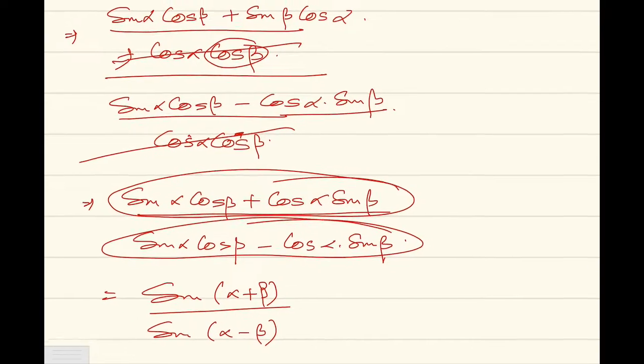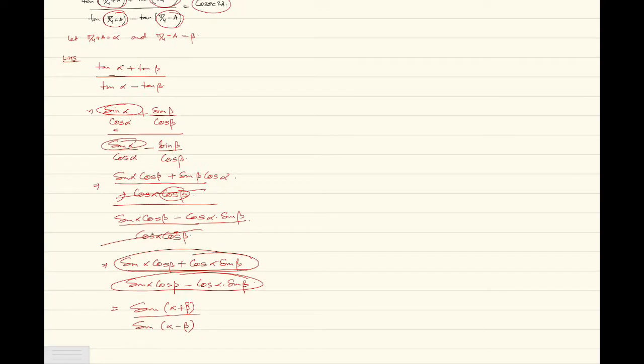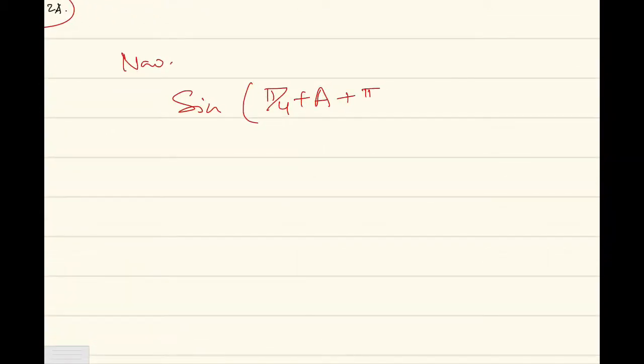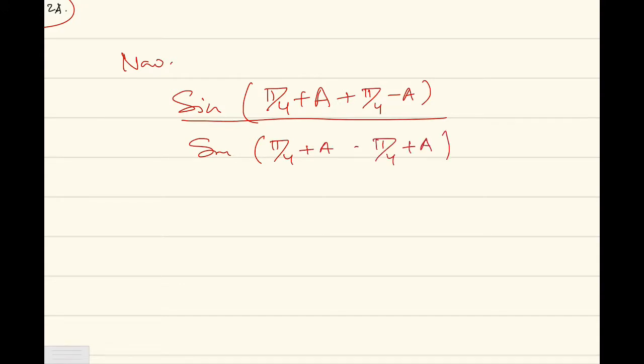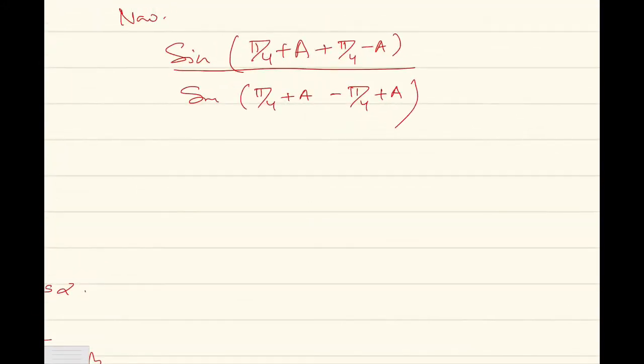But now let's replace alpha and beta, correct? Okay, that's taking too much space, so let me do it here. Now let me replace. So sine alpha means 45 plus a, plus 45 minus a, and below sine 45 plus a minus 45 plus a, because minus into minus becomes plus ultimately, correct? Replacing beta.